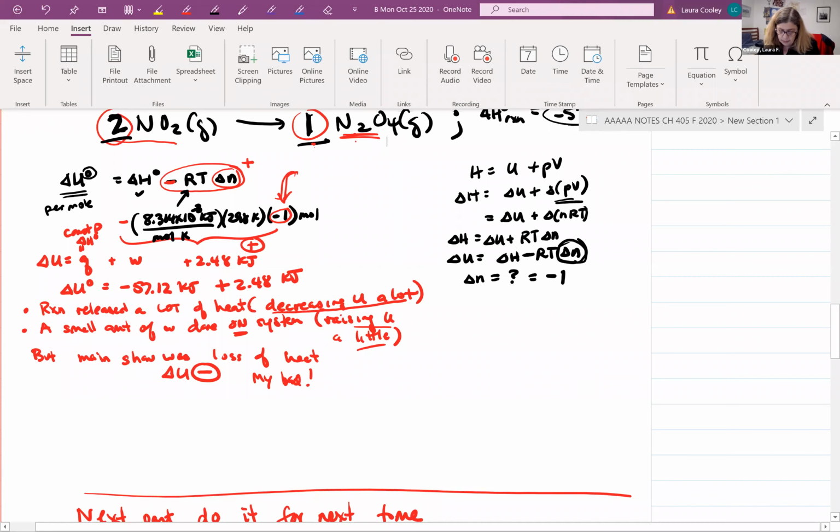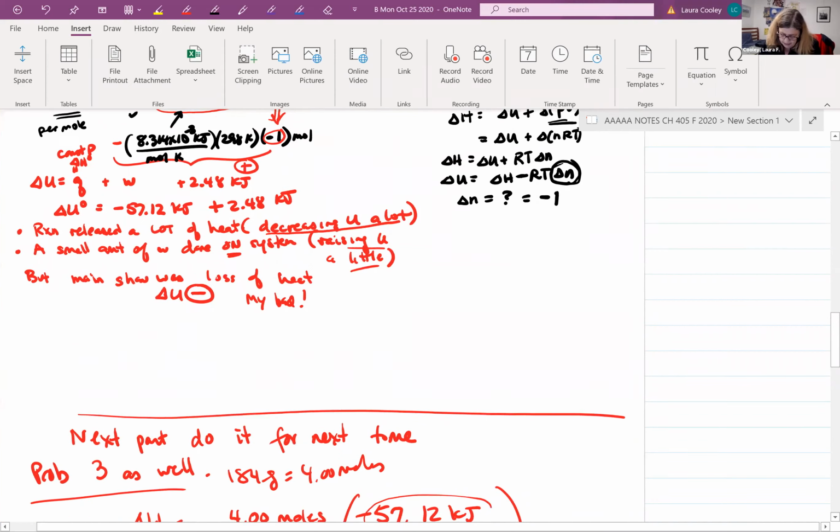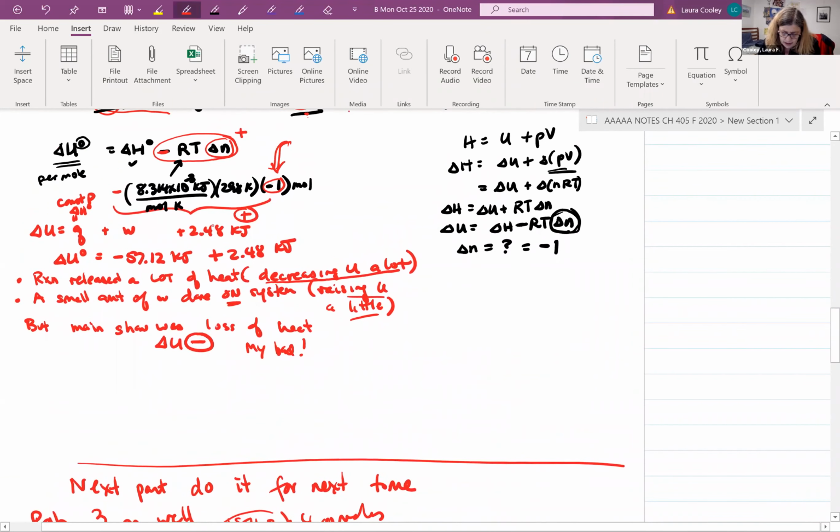So I would say to get the per mole value first. Once you have that, now we have 4 moles, because that's what 184 grams was, 4 moles. But you have to remember to put the 2 moles of NO2 on the bottom. When you do delta U, you start with the delta U0, which is negative 54.64.